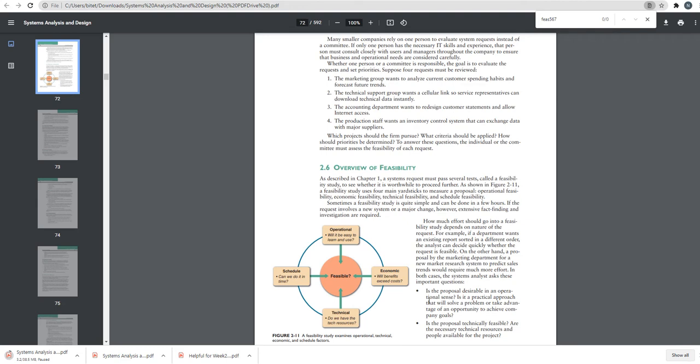Good afternoon, team. In the last activity, we worked on creating a system request for a proposed application. In this activity, we will be working on evaluating the feasibility of the proposed system mentioned in the system requirement diagram.